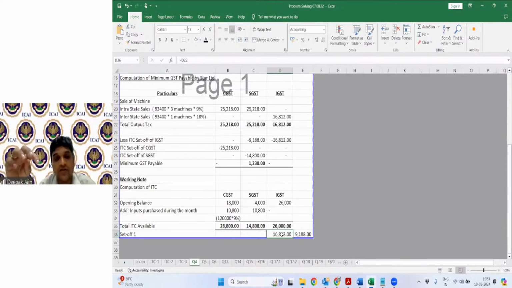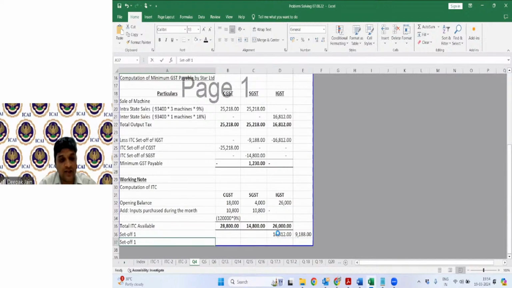Any balance can be used for paying off CGST or SGST, any one which is possible. In our case, the SGST credit is low, so I will utilize the IGST credit for payment of SGST. So my set off 2 will be IGST. First here is IGST credit with IGST liability.